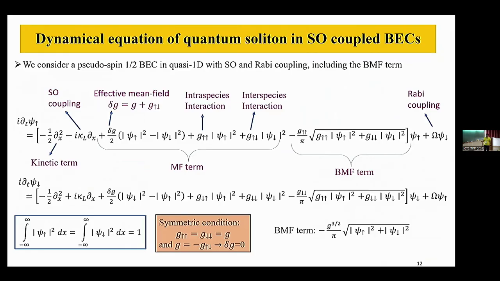Now we basically analyze several special cases. The first case we consider is zero mean field interaction. For that we have considered the intraspecies interaction to be the negative of the interspecies interaction, and that makes delta G equal to 0.